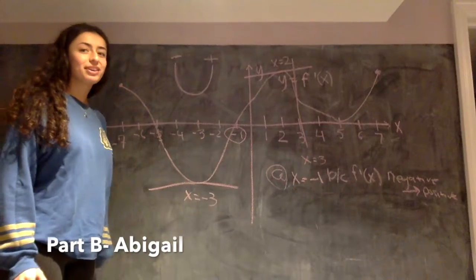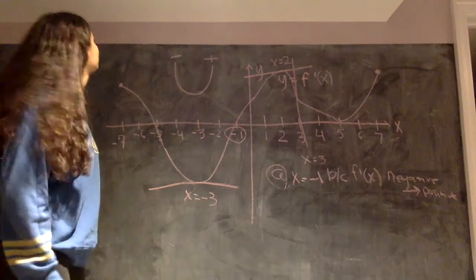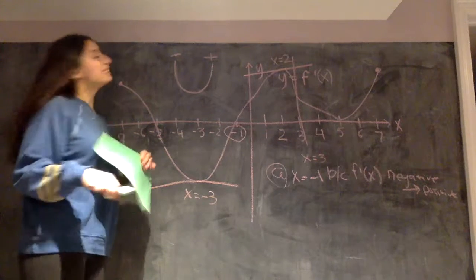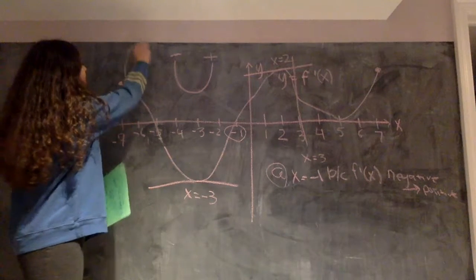Question B is to find where f of x has a relative maximum. The relative maximum occurs when the graph goes from being positive to negative.